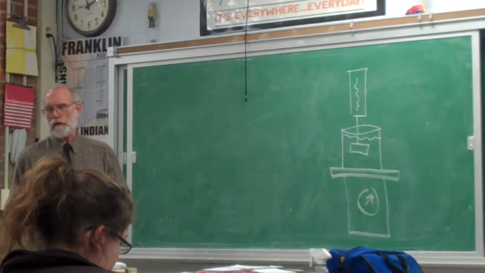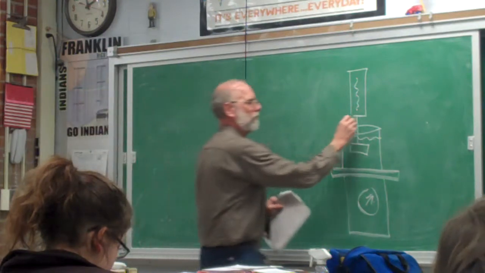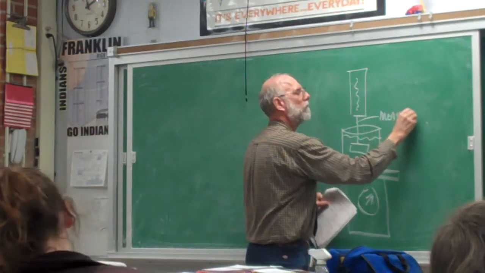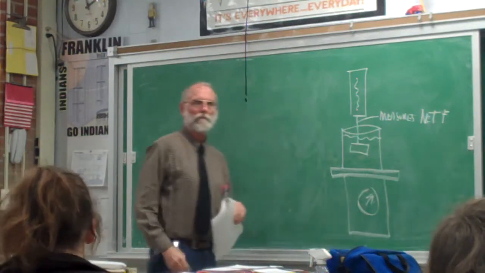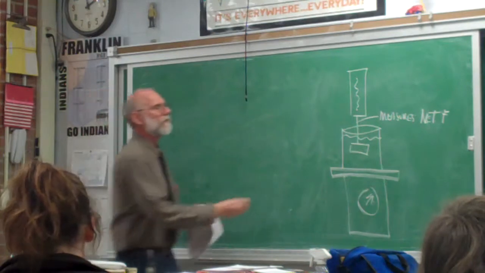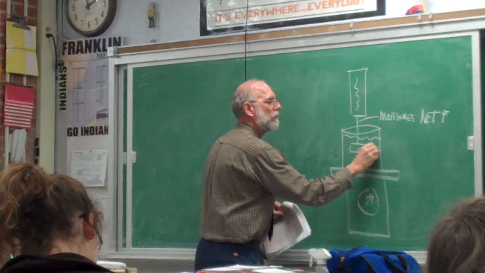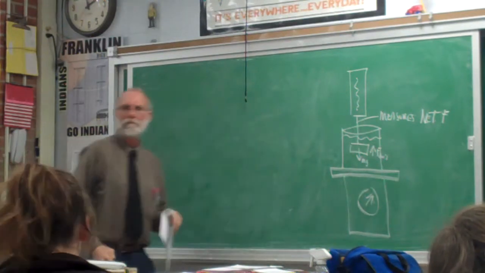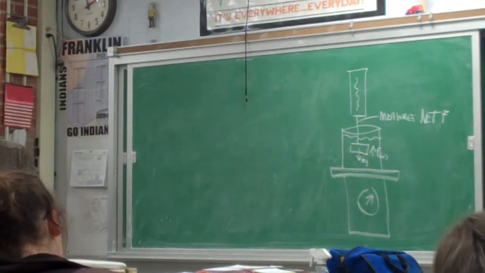So for the spring scale, the spring scale is going to measure the net force. And the net force is going to be the weight minus the buoyant force as the block floats in the liquid.